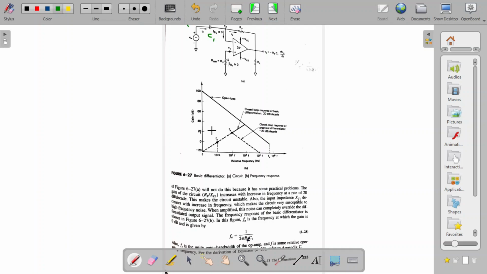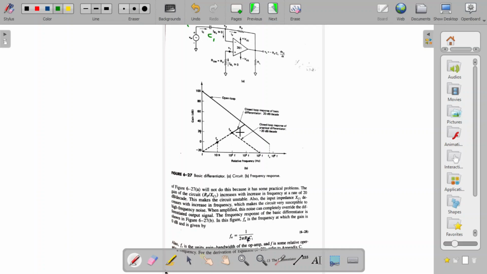So this is the frequency response of a differentiator. Frequency response means frequency versus gain. What you see here as the solid line is the open loop frequency response of the differentiator. It will be like this in open loop, but we have connected it in a closed loop configuration.